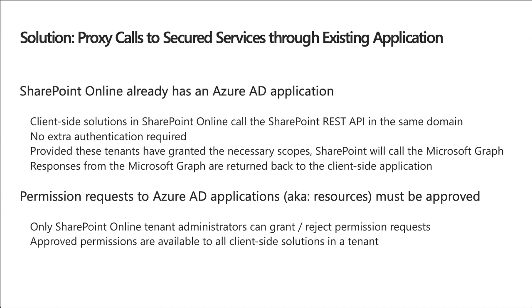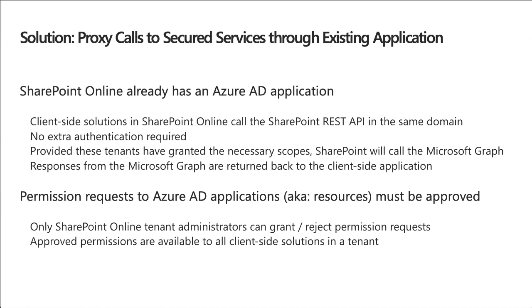SharePoint is not going to call the Microsoft Graph directly. It's just going to obtain an access token and hand that back to the calling application and let it call it for you. The responses from the graph are then returned back to the client-side application because the client-side app is calling the graph directly using the access token it got from SharePoint Online.